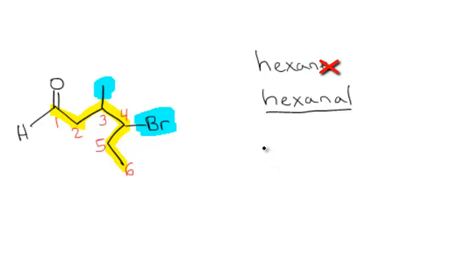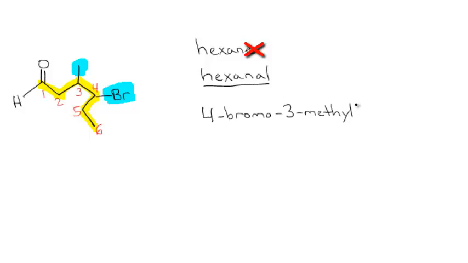We put bromine first because it's first alphabetically. 4-bromo, followed by 3-methyl, the other substituent, and then we just add our parent name, hexanal, at the end. So this compound is 4-bromo-3-methylhexanal.